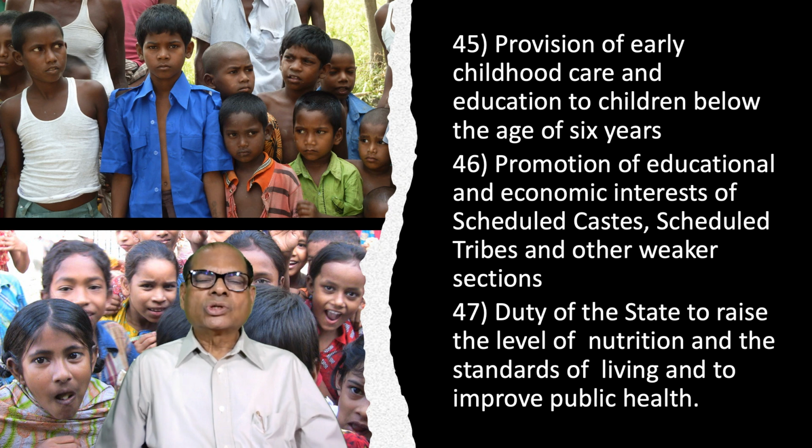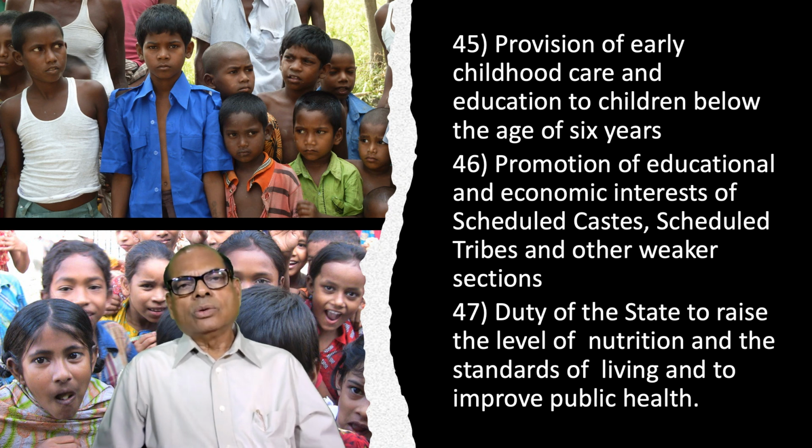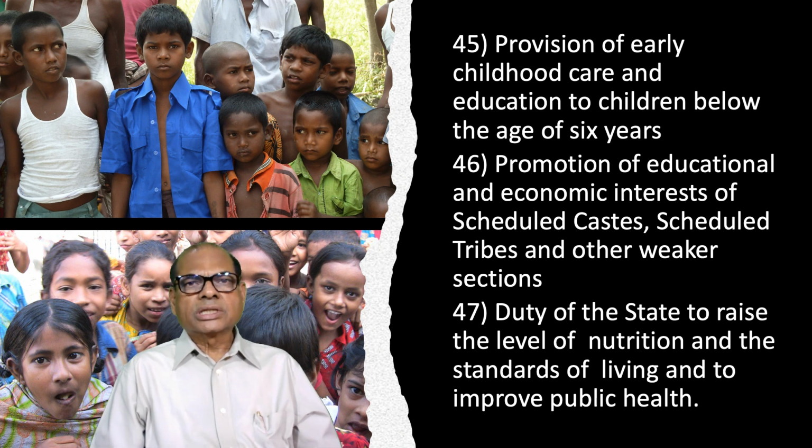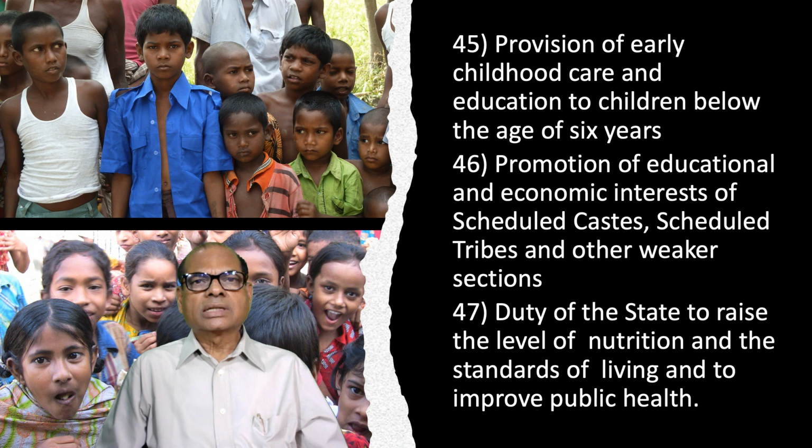And I'm happy to tell you that the government of India has taken steps, and now that has become a fundamental right. Promotion of educational and economic interests of scheduled castes, scheduled tribes, and other weaker sections.